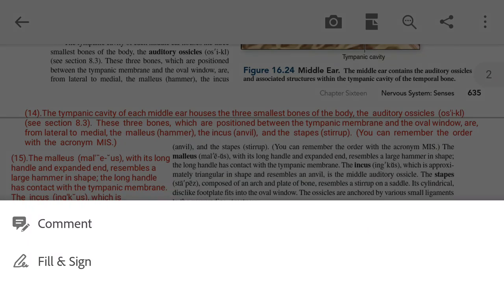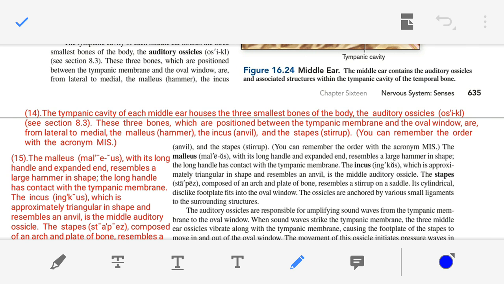In the tympanic cavity of each middle ear, we know we have two ears, right, one right and one left, the three smallest bones of our body are present. These three small bones are known as auditory ossicles.